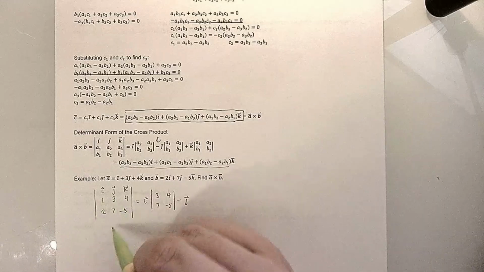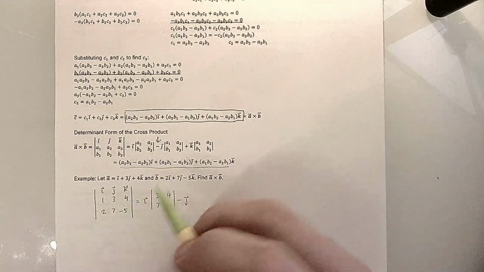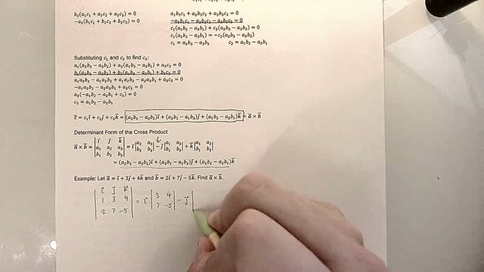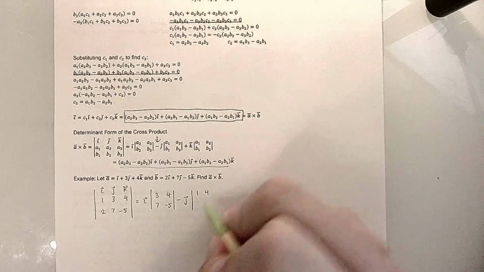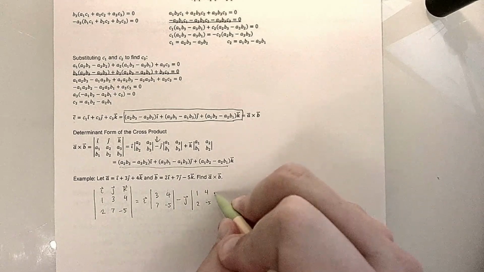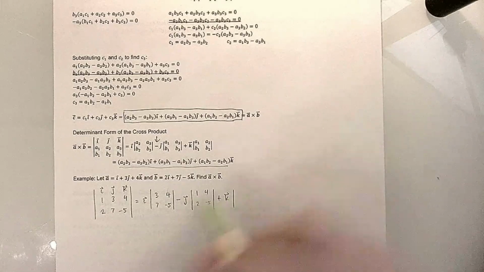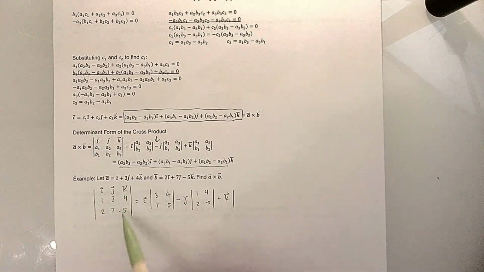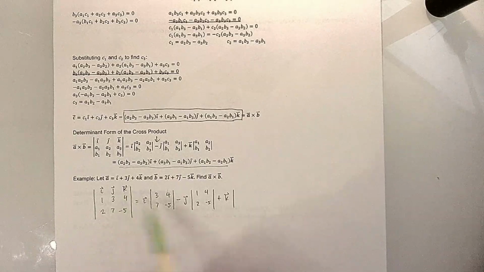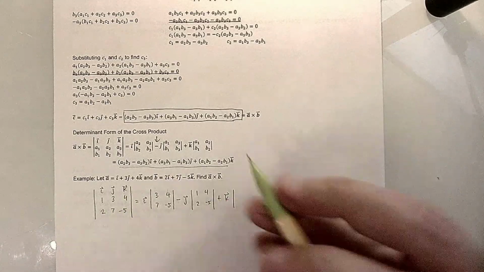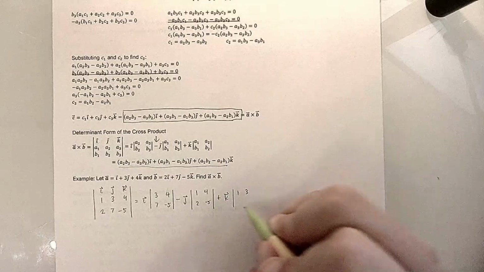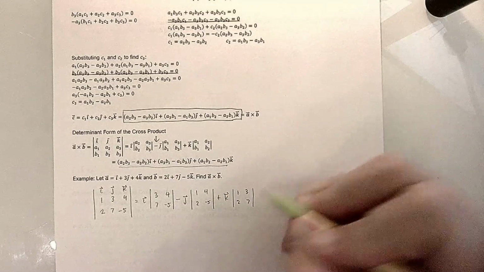So again, ignore the column that J is in, ignore the row, and we get 1, 4, 2, and negative 5. And finally for K, we're going to do the same thing. Ignore that row, ignore that column. Our cofactor is positive, and we get 1, 3, 2, and 7.